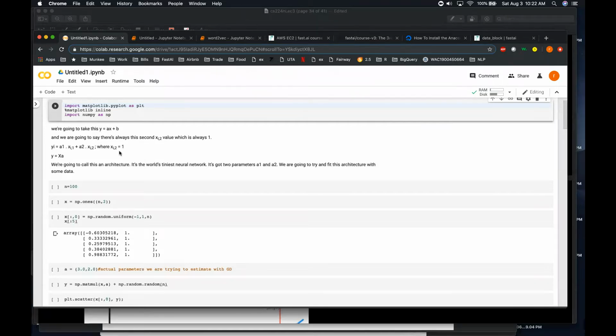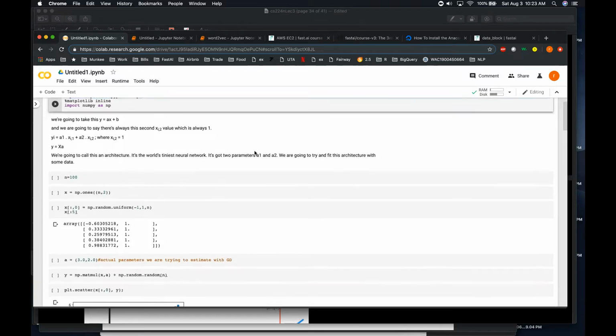So basically, you just rewrite y is equal to ax plus b in terms of that. This lets you put it in the form of a matrix equation, which is y is equal to x into a, where x is xi1, xi2, and a is a1, a2. These are your two parameters, a1 and a2, which is equivalent to w and b.